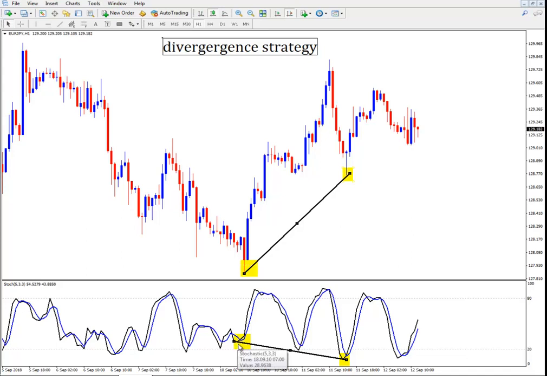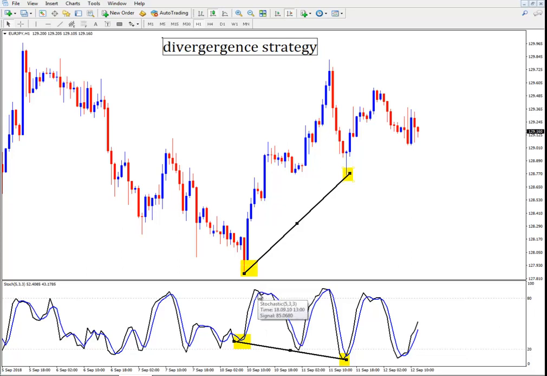If we mark the bottom in our price, then we have to mark our bottom in the indicator too. If we mark a top in price, then we will also mark the top in the indicator.